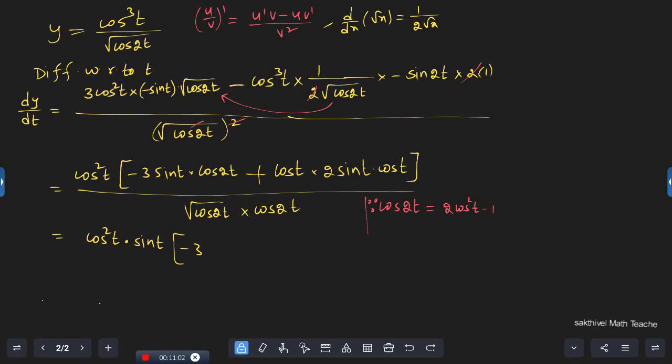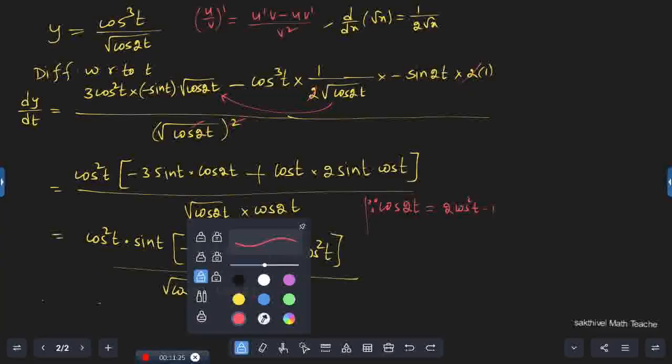So that this cos 2t, if I am writing in terms of cos now, is 2 cos square t minus 1. Plus cos square, you can write, the 2 is there, so cos square t; the sin we have already taken outside. That's it, whole divided by square root of cos 2t into cos 2t.